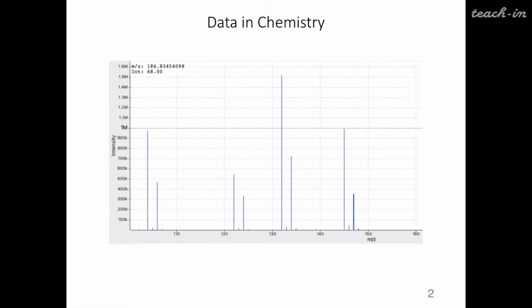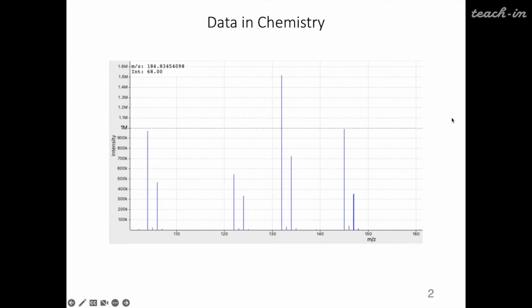So if we want to consider data in chemistry, we may ask ourselves what data it is. Some data is spectral data. For example, we can have a mass spectrum like this one.